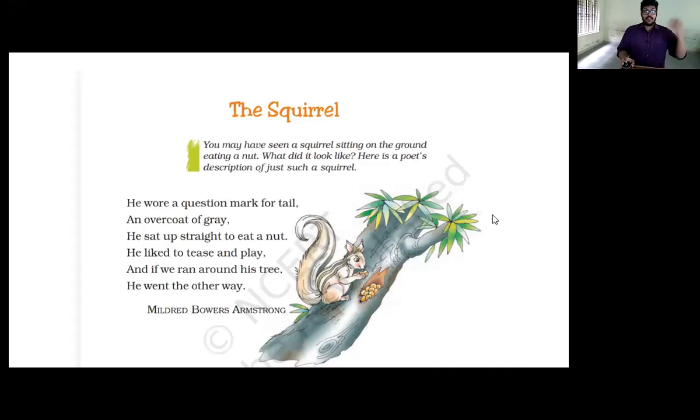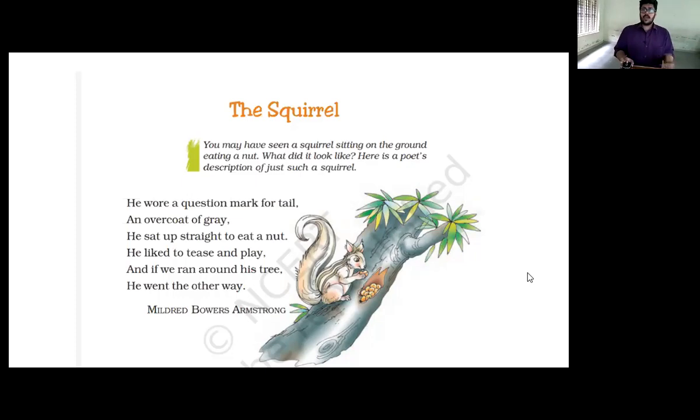The poet described the shape of its tail and the back of that squirrel, and also the sitting position of the squirrel while he eats the nuts, and he also wants to play with the people. And when we are playing with the squirrels, they will run around his tree and run the other way. So this is actually a simple and beautiful poem.